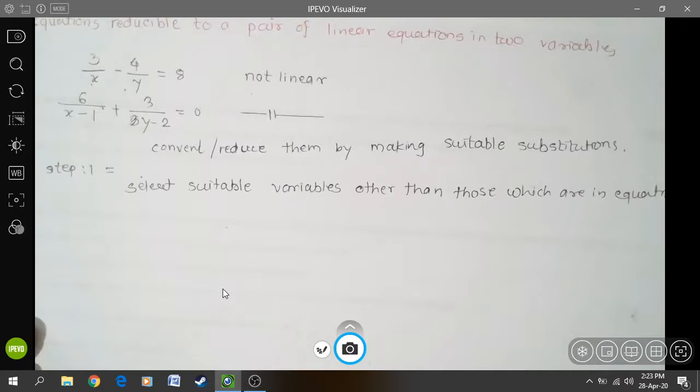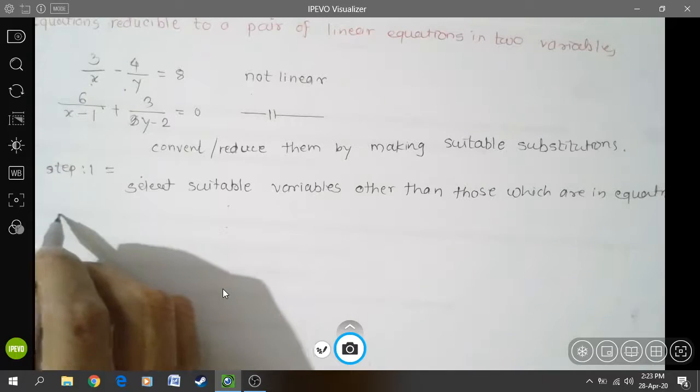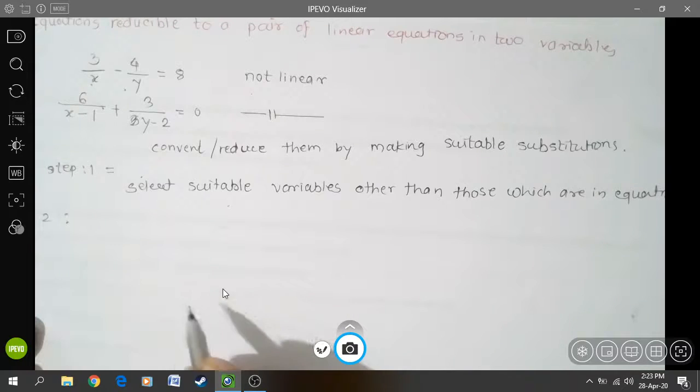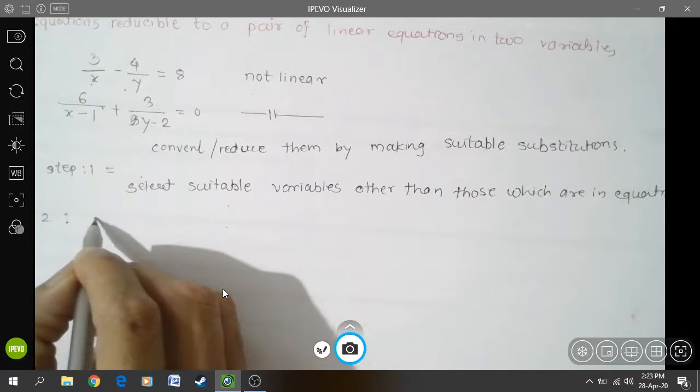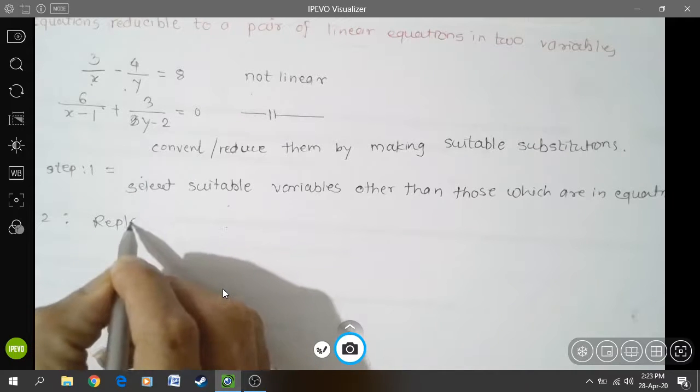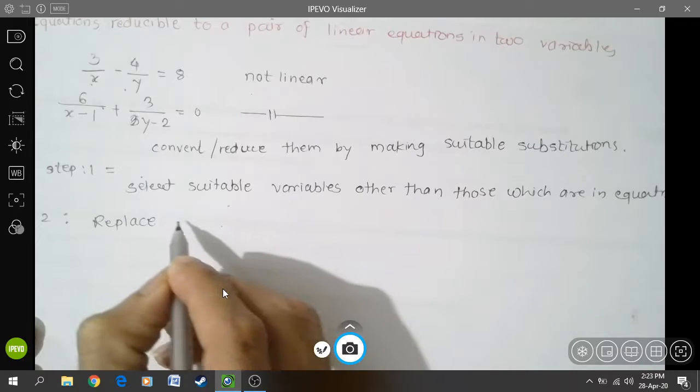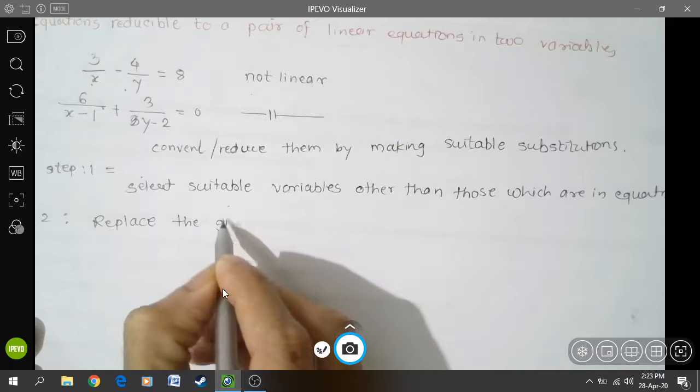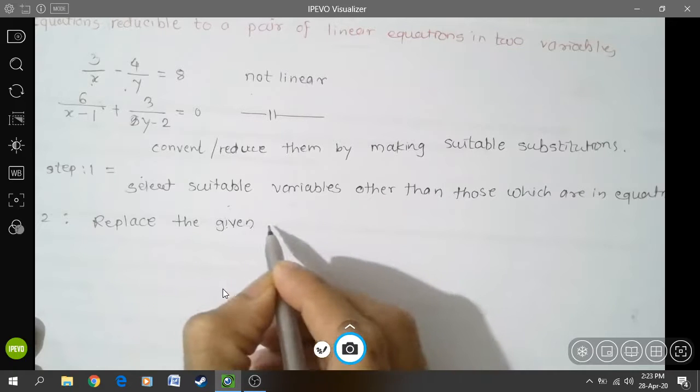What is step number 2? Replace the given variables with new variables such that the equations become linear equations in two variables.